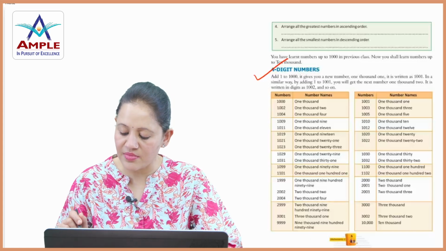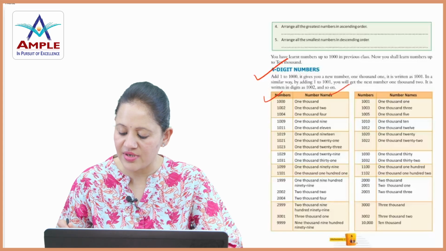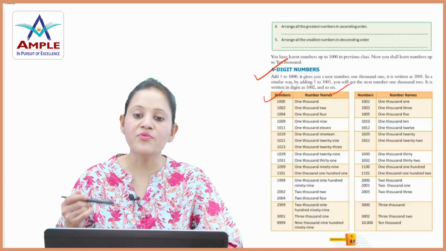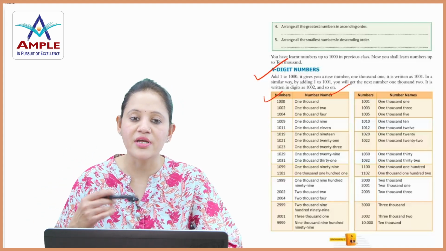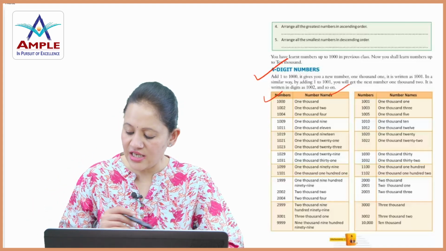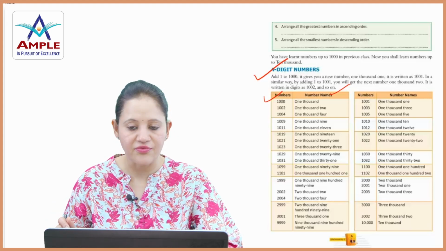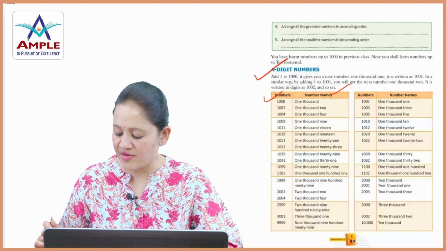So here are the numbers given to us. These are the numbers and number names. Like this, we have written here the different numbers. Clear? Keep adding and form the new numbers and their number names as well.